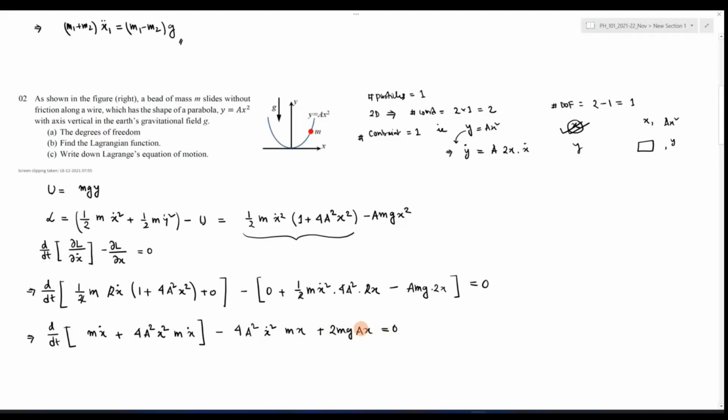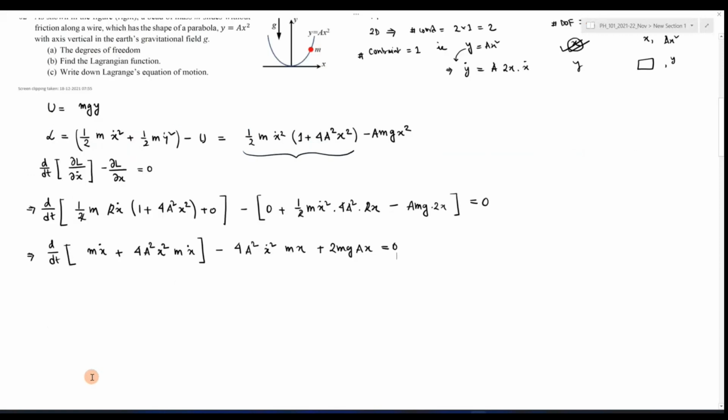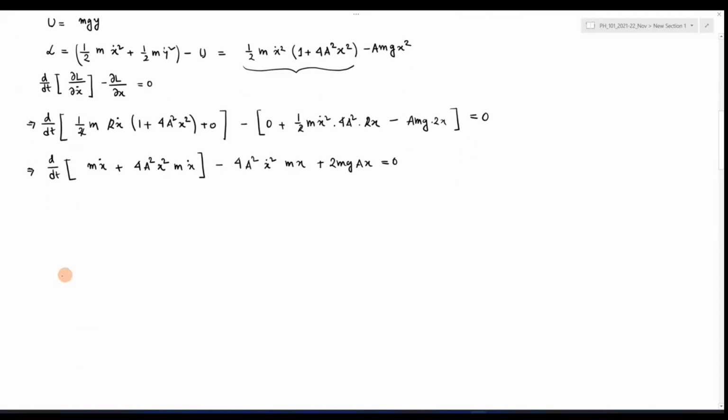Is this correct? Can somebody verify? Yes, Bhaiya, this will be fine.